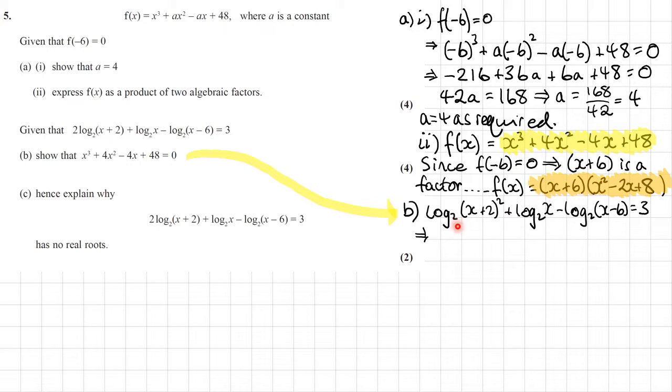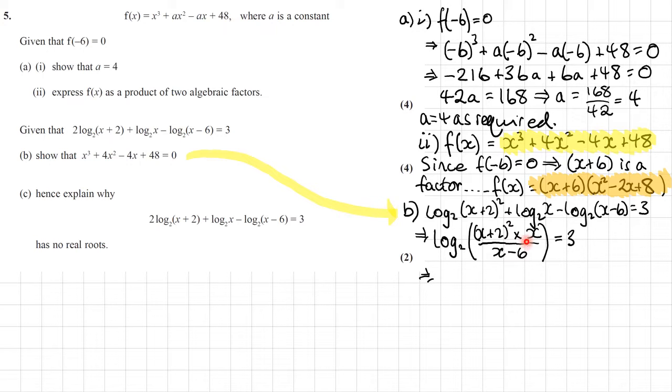So I can put all of these together and write it as log to the base 2 of x plus 2 all squared, times x, because we're adding here, and then divided by x minus 6, because we're subtracting, is equal to 3.